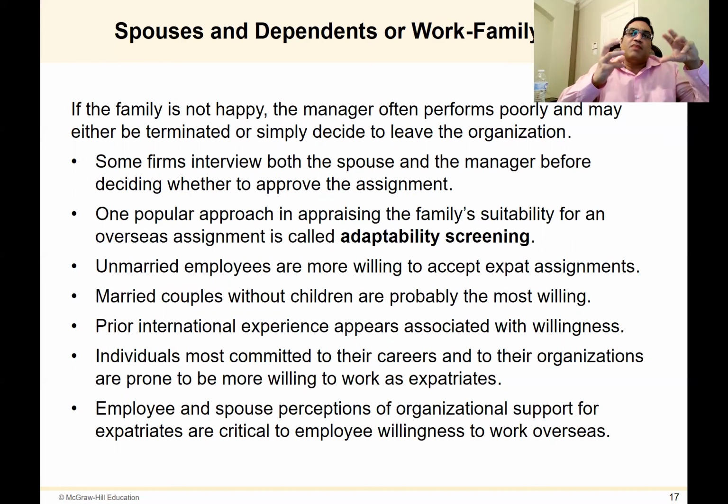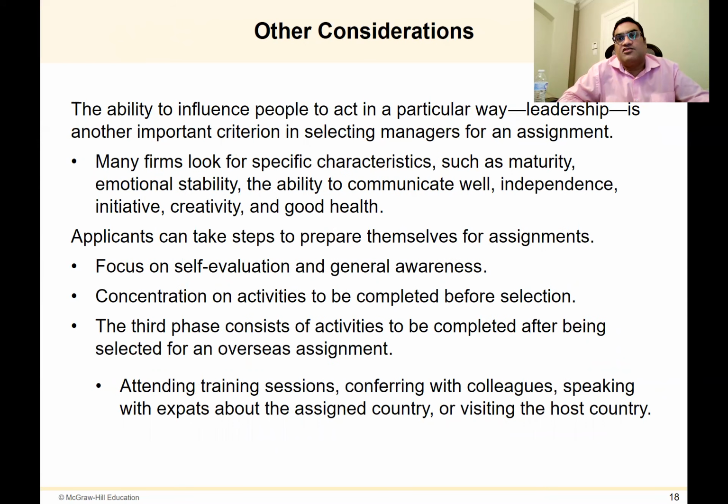So if the spouse and the kids are supportive and get well adjusted, that actually could boost the performance of the manager. And plus, if the company provides support to help the dependent spouse, as well as the kids, get adjusted, paying for their cultural training, education, and so on and so forth, that could also help.